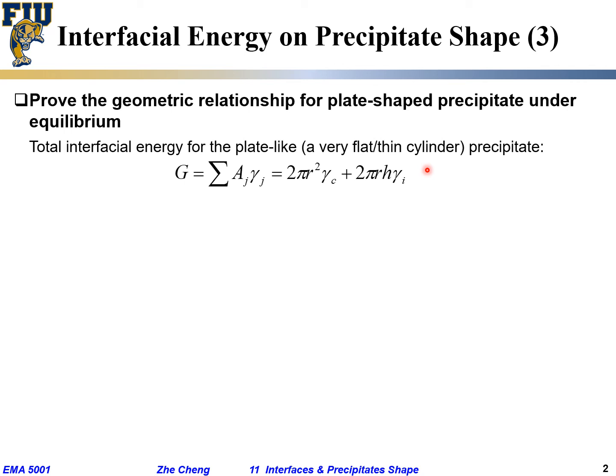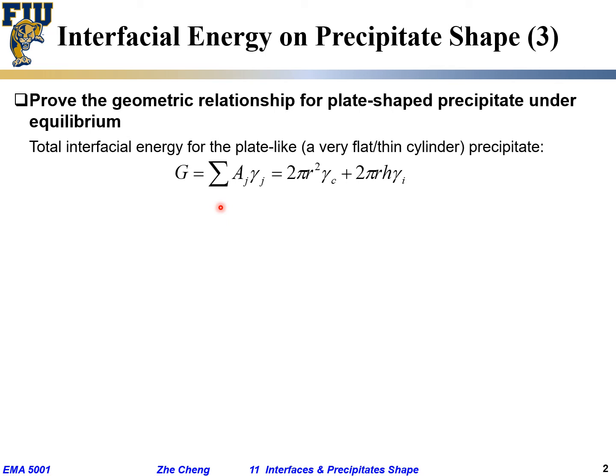Does this make sense? G, in this case the total interfacial energy, is the sum of A_j gamma_j. A_j means what? The area for the number j interface. Gamma_j means the interfacial energy for that particular j interface.